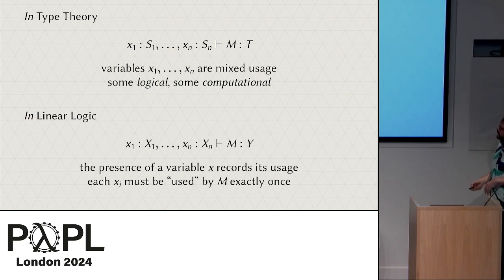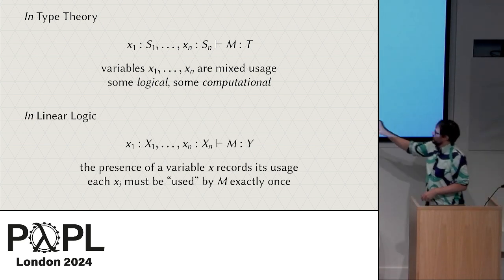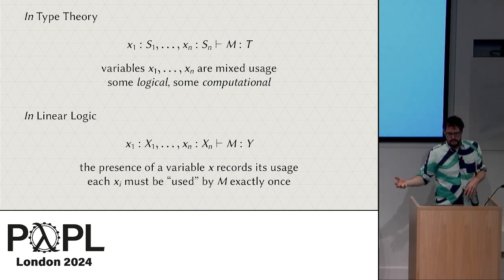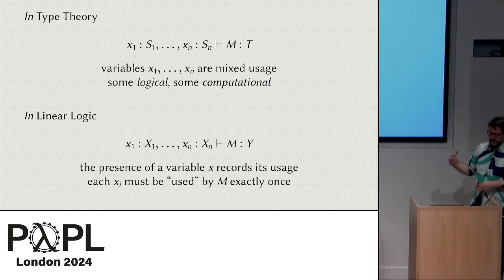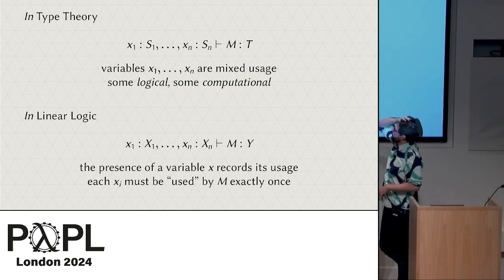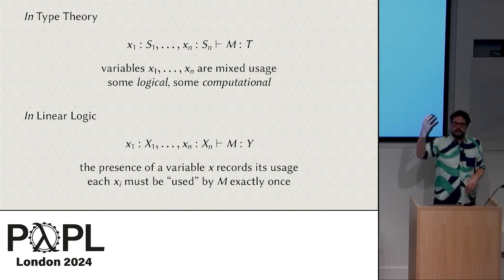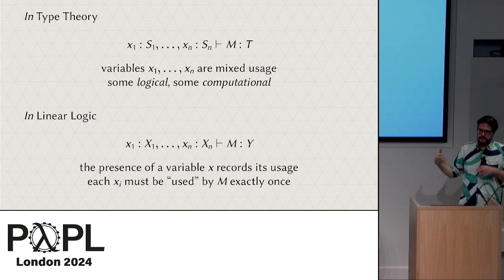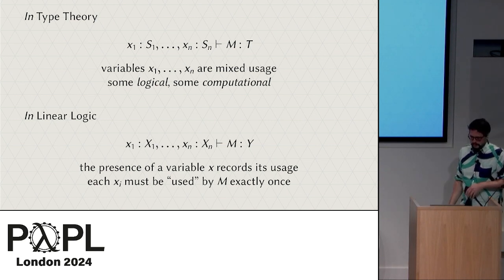In linear logic, we have things in the context, and if it's not there, we can't use it, but if it is there, we must use it exactly once. So the X in the type theory context is only used in the types, so is it really used in the term, or maybe it's used in the types and the terms. This makes a naive combination of linearity and dependent types quite difficult.